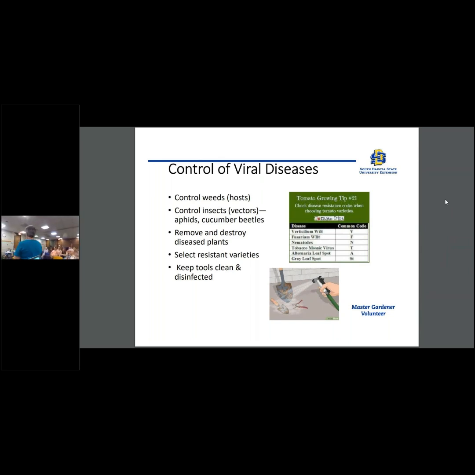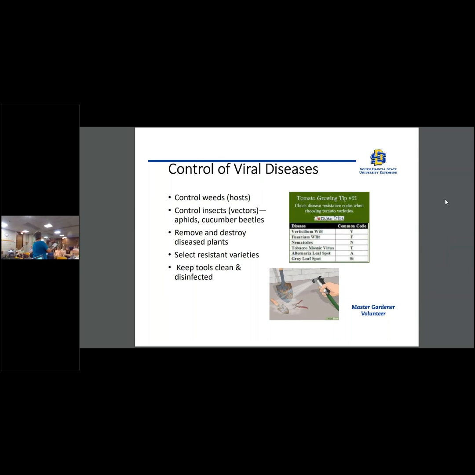Use your packages and seed catalogs. If you don't order from seed catalogs, you can still order the catalog from the company. And they've got lots of great information in here. So I put little tabs in here because some of these, it will tell you what they're resistant to in the description of the vegetable itself.